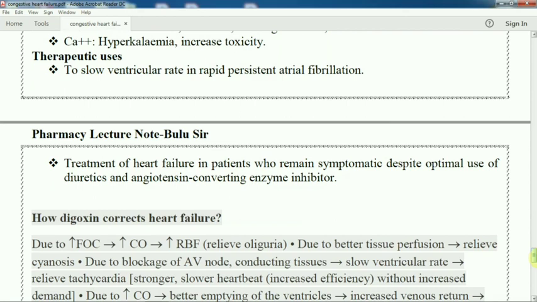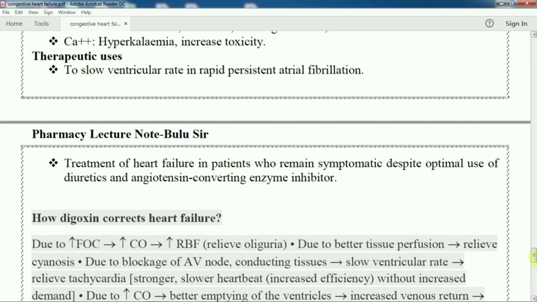Apart from this, a question comes, short note: how does digoxin correct heart failure? Due to the increased force of contraction, as digoxin acts in the myocardial region, it increases the cardiac output.